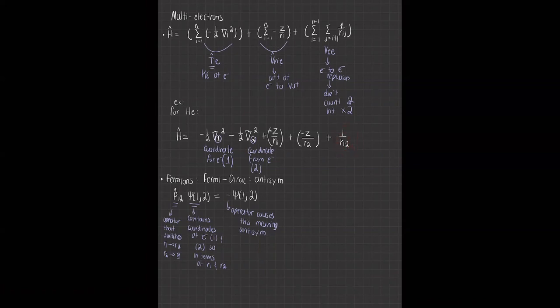And because we have 2 electrons, we have to use two coordinate systems. So this will be a coordinate for r_1 and a coordinate for r_2, because it describes electron 1, electron 2 to the nucleus. And this is just the kinetic energy in terms of 1 and 2, which will just be derivative terms in terms of electron 1, electron 2.